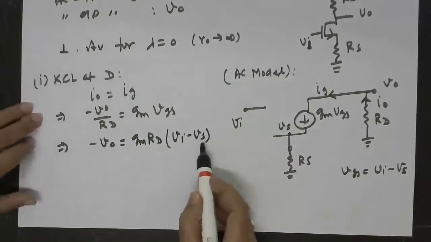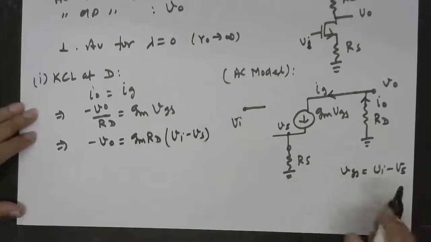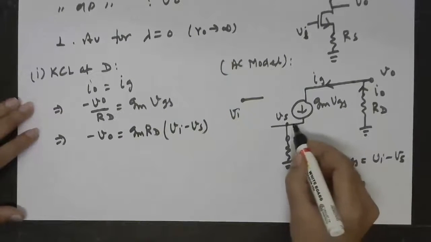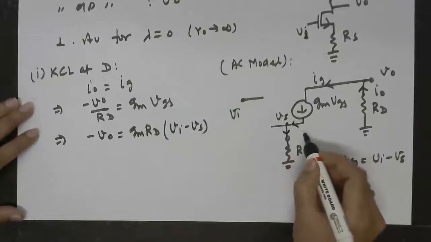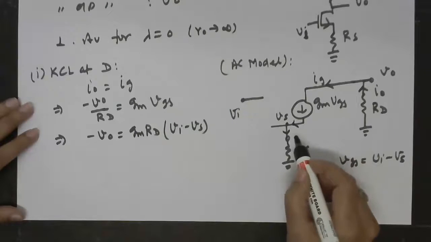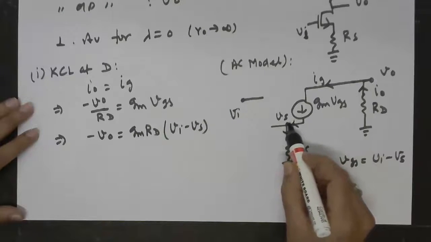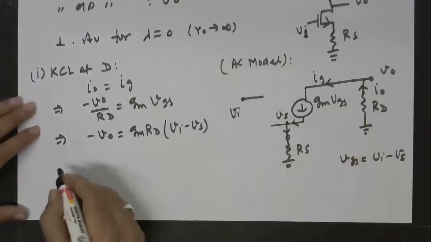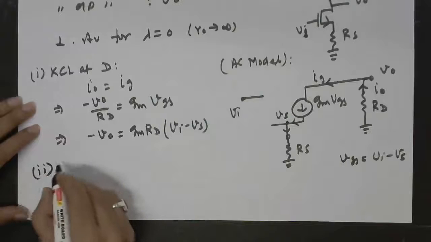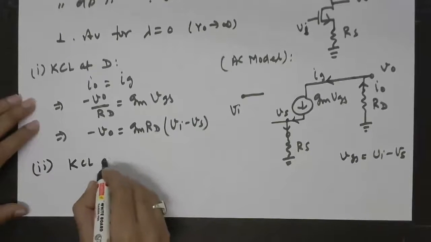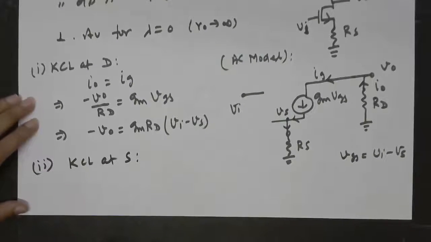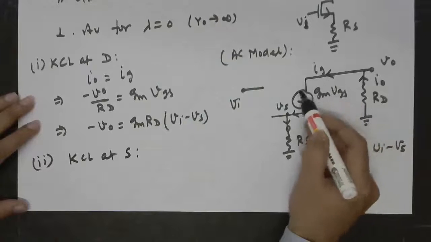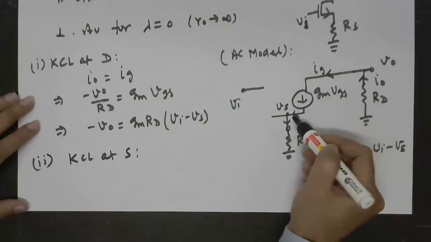So we need to find out what is the voltage at the source. So we can now apply KCL at the source to find out Vs to set up another equation. When we apply KCL at source, we see that the Ig again comes here at the source.